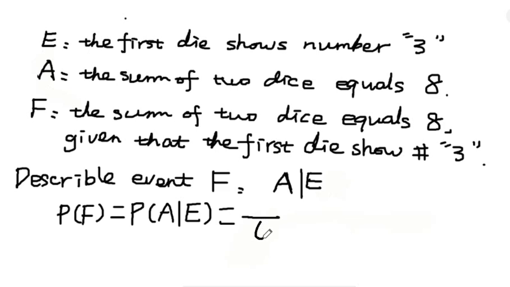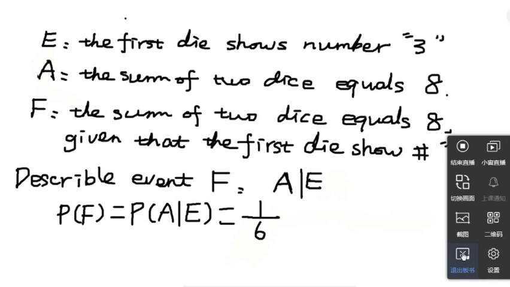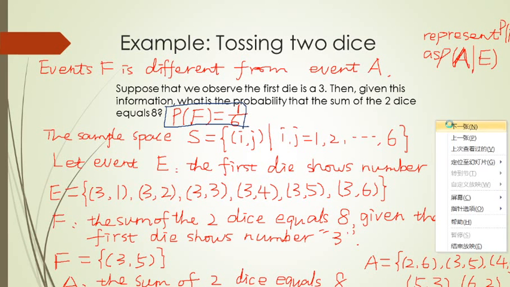And then event A, under that condition, when the first die shows the number 3, the second die can only be number 5, so it's one of them. So the probability will be 1/6. That is the notation I use here, okay? We write the event E on the right side, put a vertical line, which means given the event E occurs, the probability of event A. Actually, we call this the conditional probability of A.